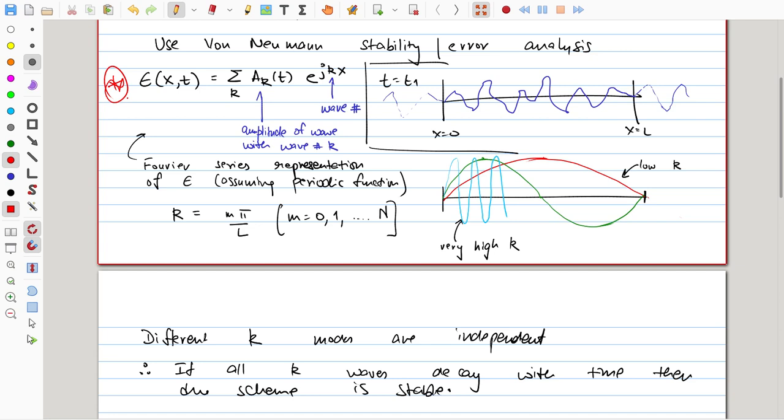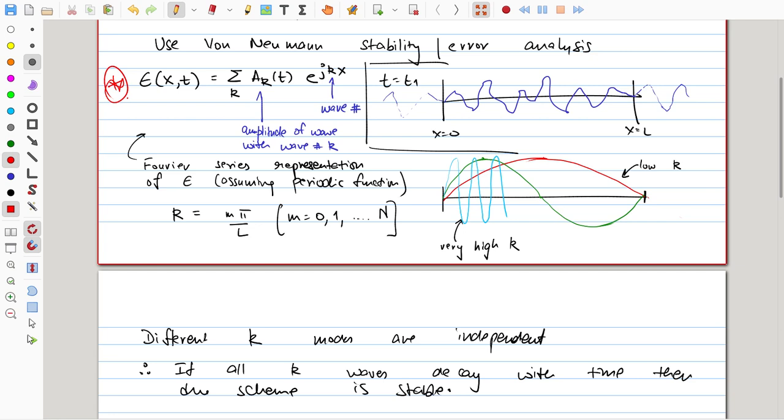E to the power jkx is simply, think of it as cos kx if you take the real part. So different k values will give us different waves, different cos functions, and the a_k's are the corresponding amplitudes. So it's a linear combination of different cos waves. Since all the waves are independent, if all of them decay with time, then the scheme is going to be stable.